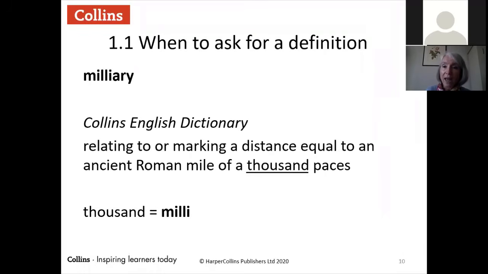So that word 1,000 gives us a clue to the milli at the beginning. And then if we know about suffixes, we can add ARY, and we have an opportunity. We've got a fair stab at spelling the word correctly because the definition is giving us a clue. Add the clue in the definition with what we know about how words are formed, and we have a chance. So these are some of the reasons why we might ask for a definition.